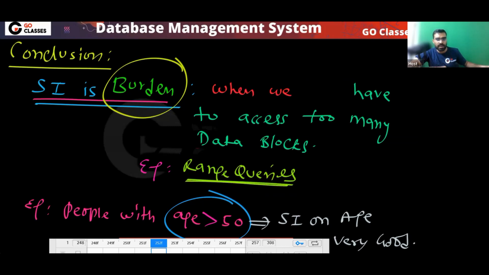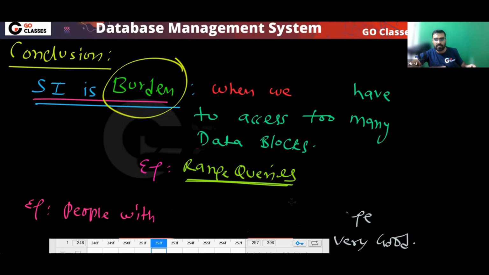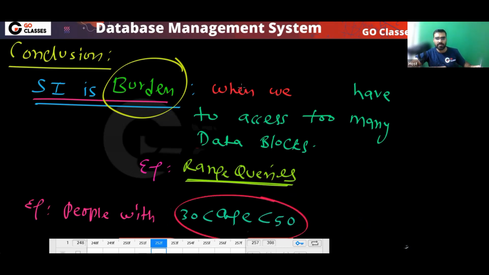For example, if you want age where age is greater than 30 and less than 50, here also your secondary index is not helpful. Why? Anyone tell me, anyone? Because it automatically means that your data is not sorted, right?